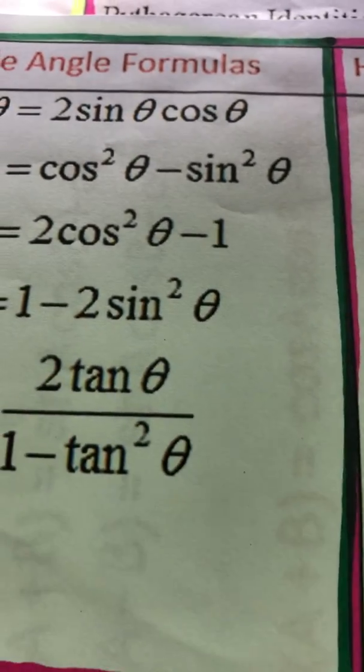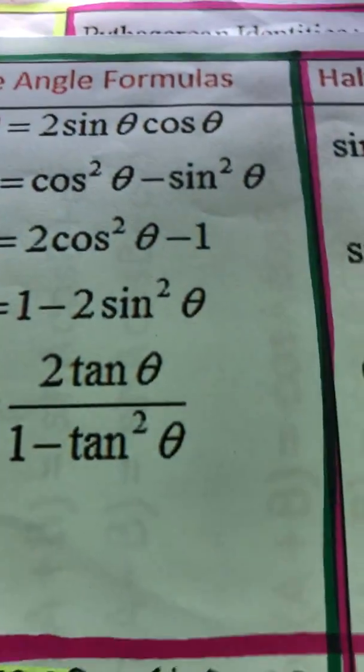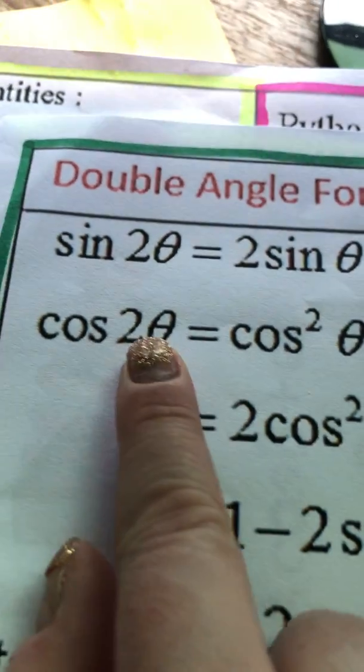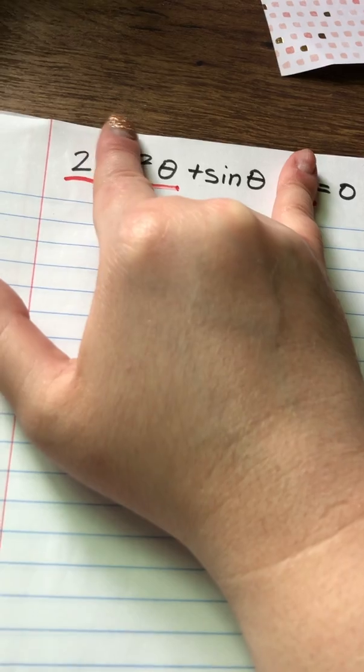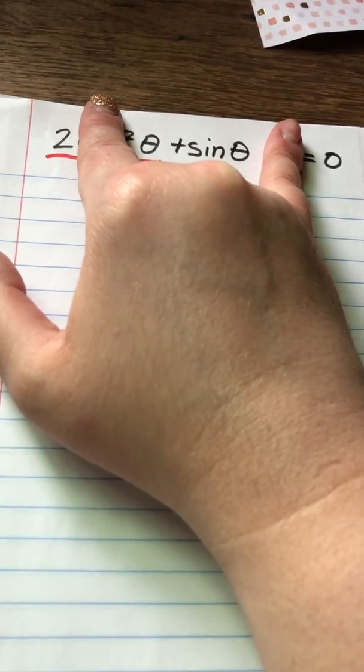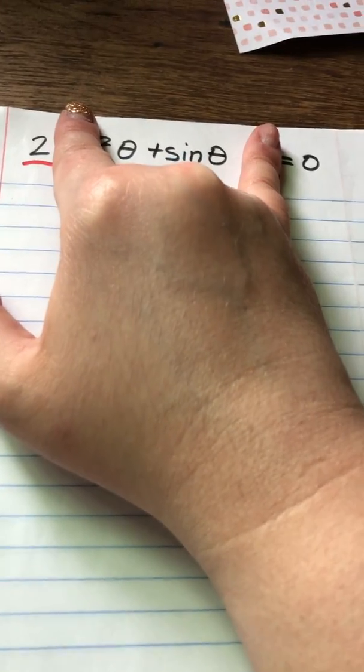Okay, so this is equal to cosine 2 theta. But if I plug in cosine 2 theta for what I underlined, it doesn't work because I still have mismatching words.